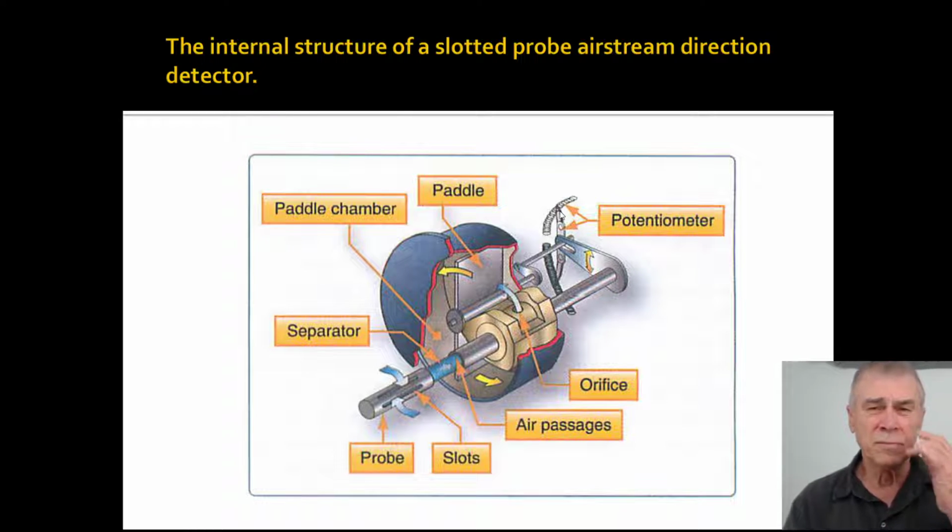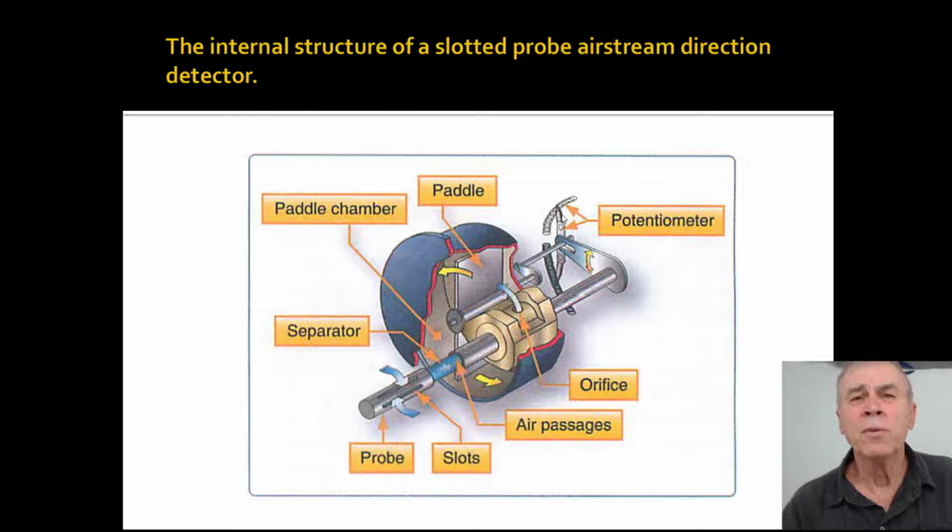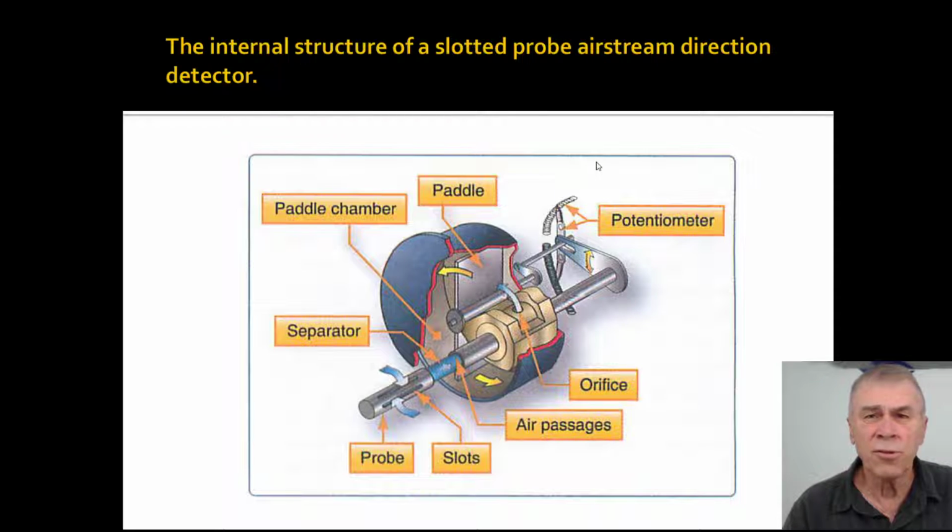The more this is being pushed, the more the resistance is being taken off of the circuit, which goes to the indicator through a simple generator.